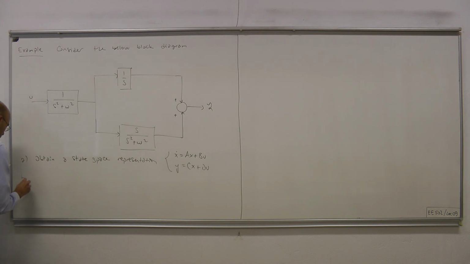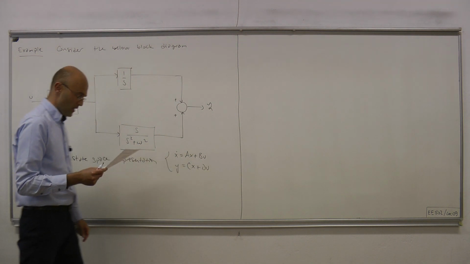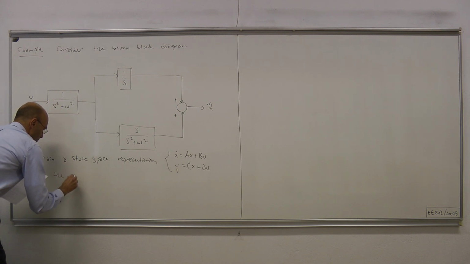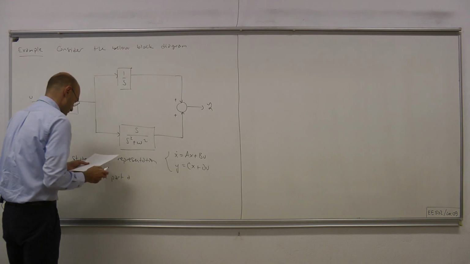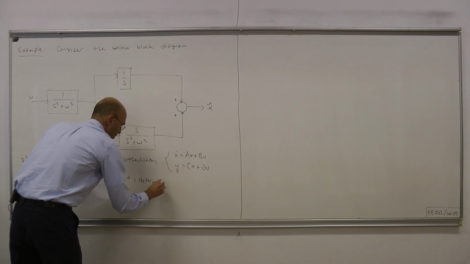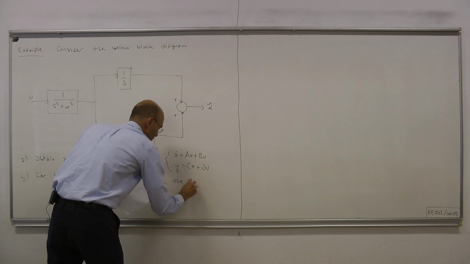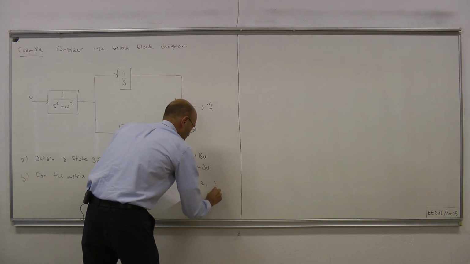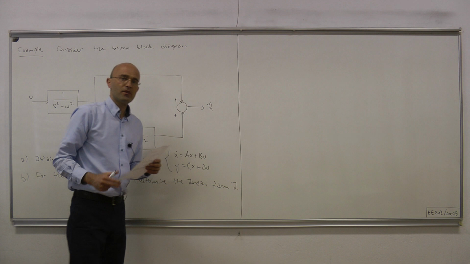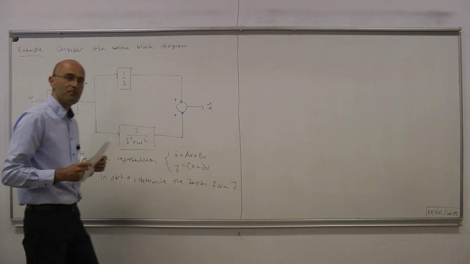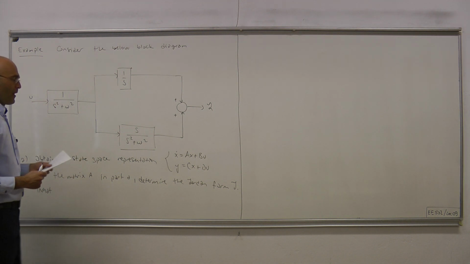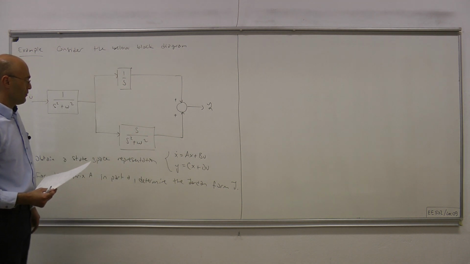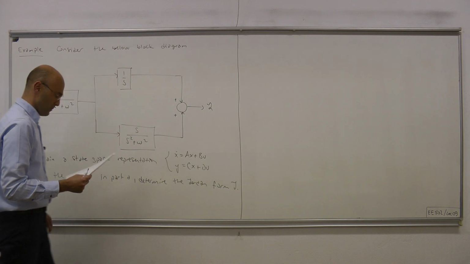Once we have that representation, in part B we're asked to look at the system matrix, the matrix A that you obtain in part A. Determine the Jordan form, or the Jordan matrix indicated by J. And by looking at that Jordan matrix, we are also asked to discuss the behavior of the state transition matrix corresponding to this system.